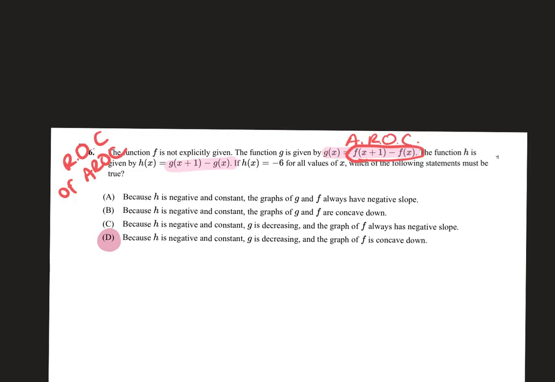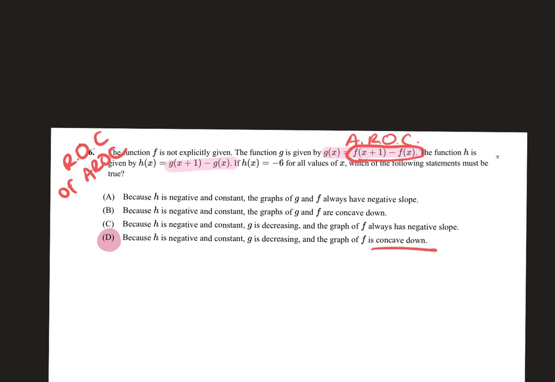So if the second difference is -6, it can't be a line, because the second difference should be 0. If it's -6, it means that it's decreasing. So your rate of change is not only negative, which means the original one is decreasing, but this one has a decreasing rate of change, which means it's concave down. So it's a negative value and also decreasing.